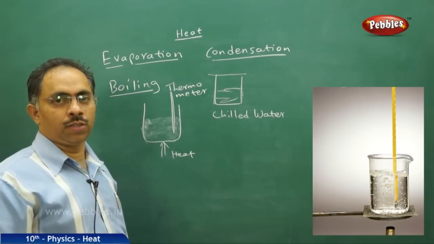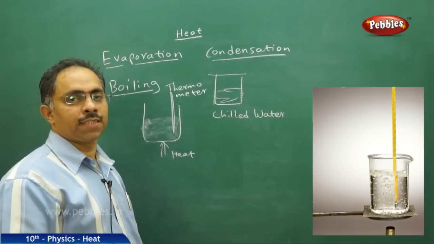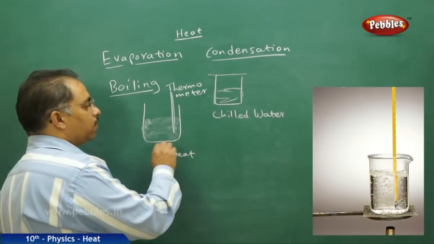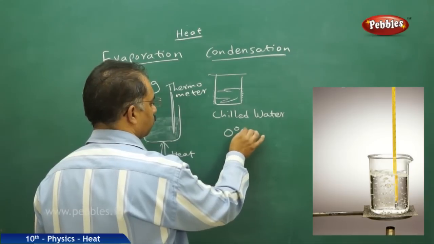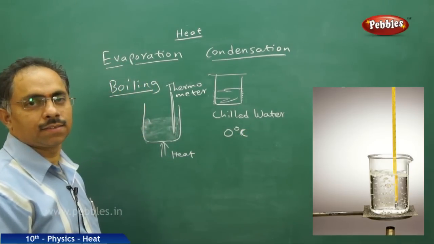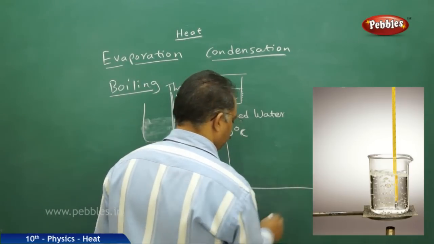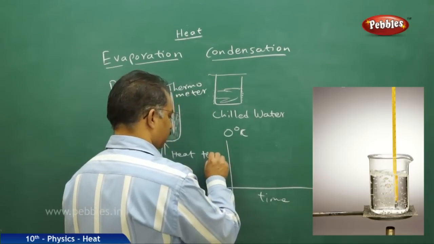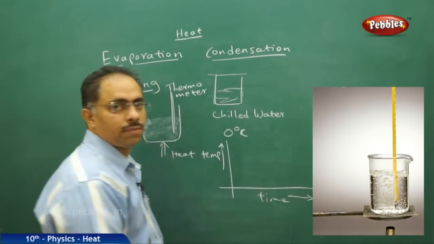The initial temperature you note down, because this is water taken out from the freezer compartment of the refrigerator. Maybe some parts of ice are there. So, the temperature is 0 degrees Celsius, starting from 0 degrees Celsius. You can note down the time and temperature in the graph.